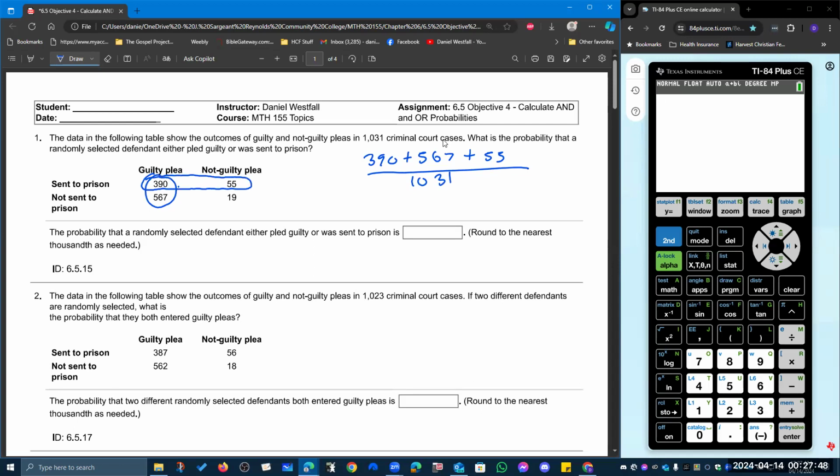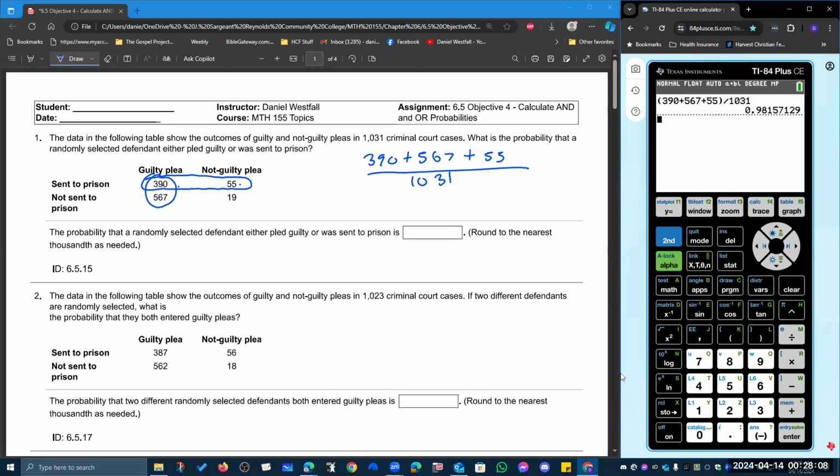So I'm just adding each of these three entries together and dividing by the total number of possible outcomes. So 390 plus 567 plus 55 divided by 1031.